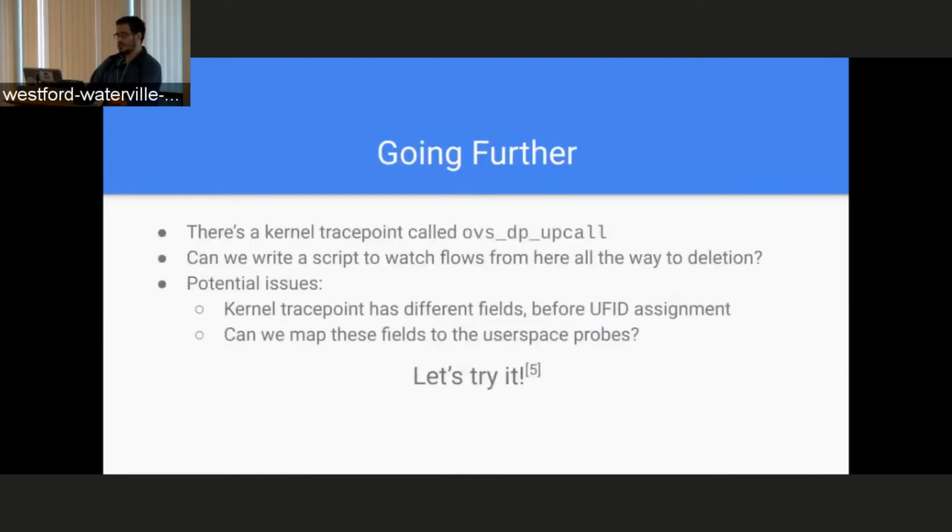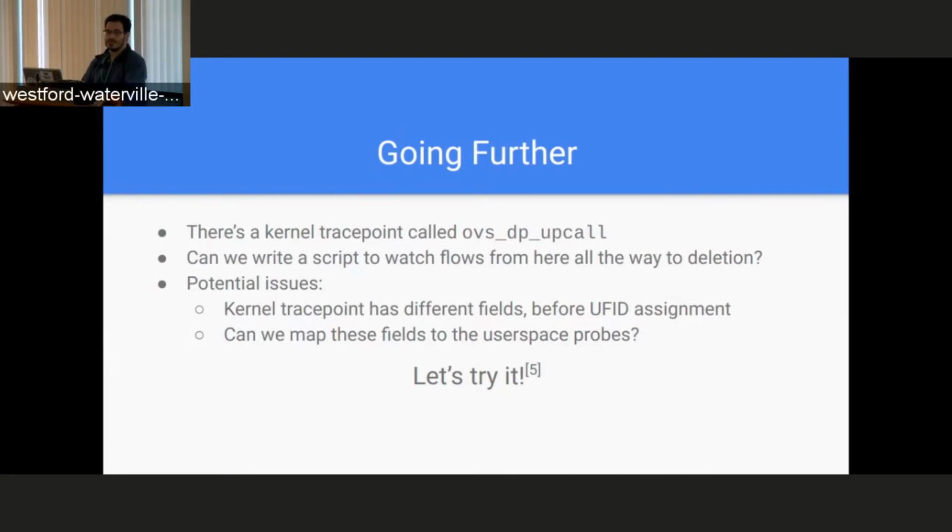Can we watch all the, so there's a kernel trace point called OBS datapath outcall. It has tons of information in it, but can we write a script that'll watch flows all the way from the kernel trace point to when they're deleted in the Revalidator? And if so, what do those look like? What information can we gather at each stage?